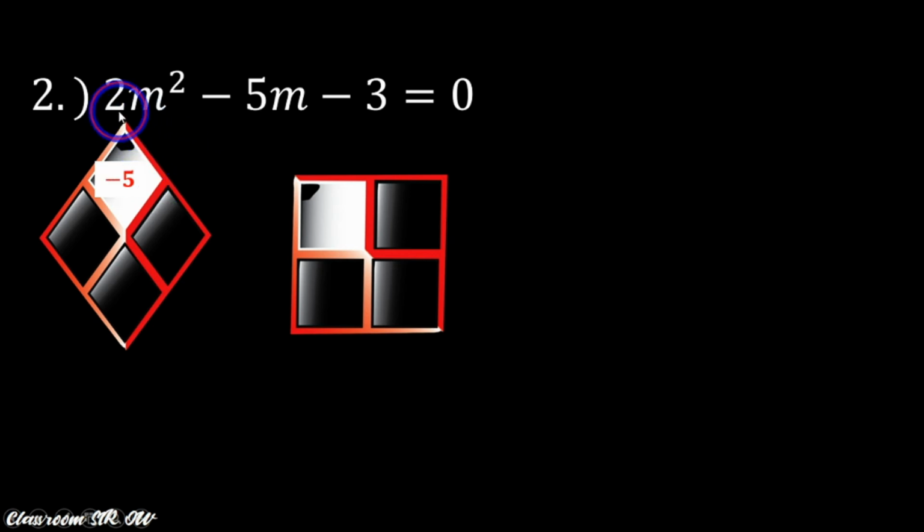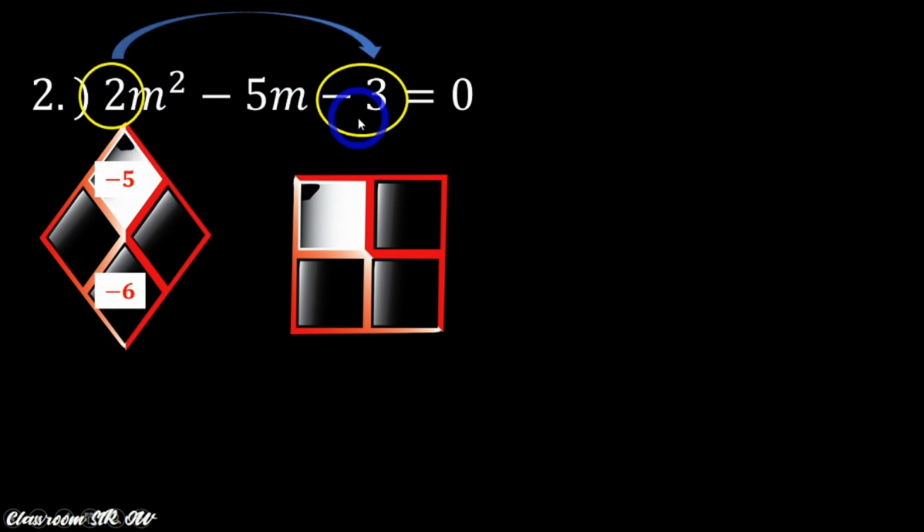The next is we will multiply 2 and negative 3, that is negative 6. Now we are ready to look for the two numbers whose product is negative 6 and the sum is negative 5. And of course, that is negative 6 and 1.